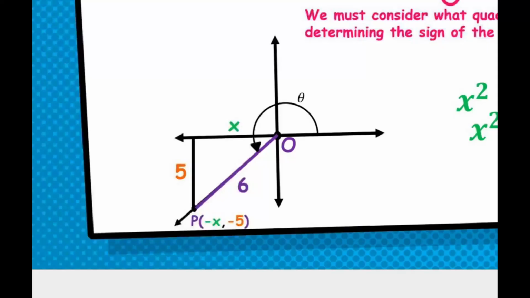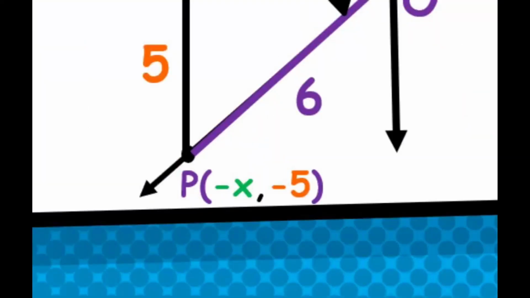We must consider what quadrant we are in when determining the sign of the x and y values. That's a good point. I'm glad I reminded myself of that. Because when I ask you to find x, yes, x is representing the length of this side, but I'm talking about the ordered pair of x. So here we have to understand that I'm asking you to find that.